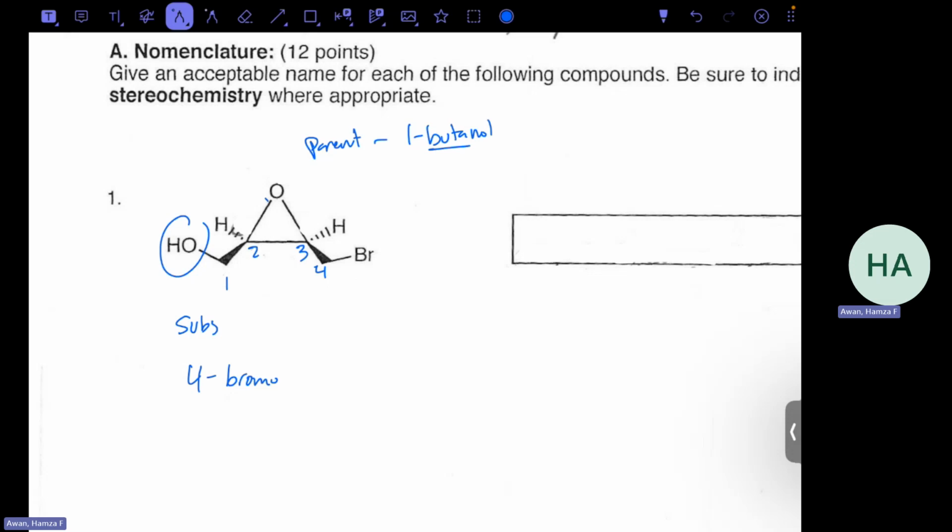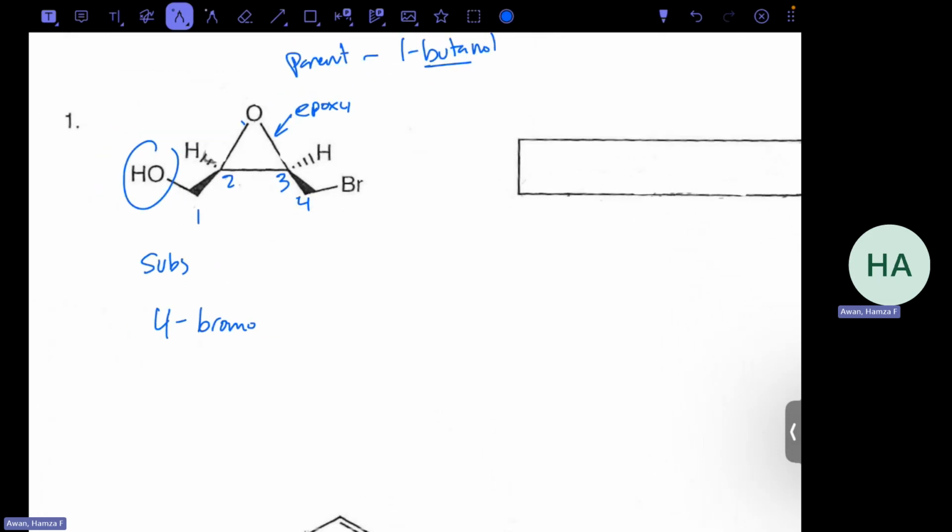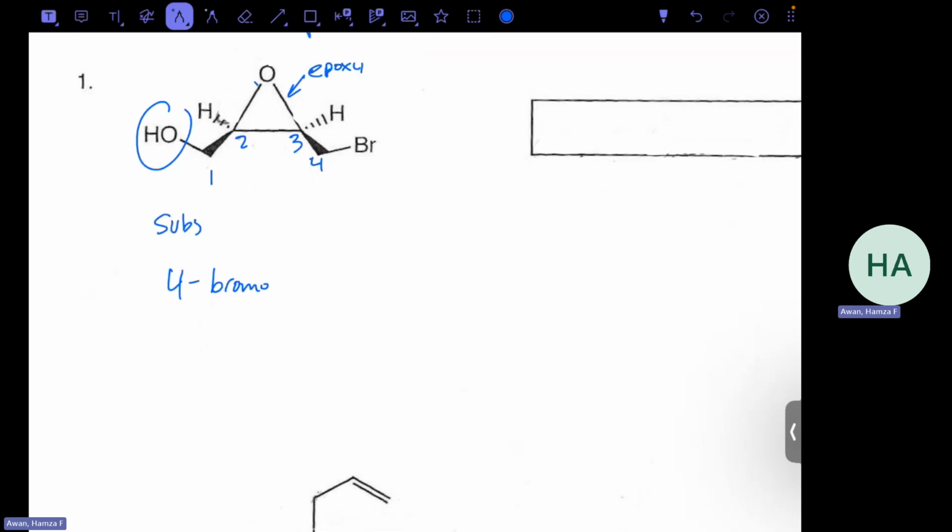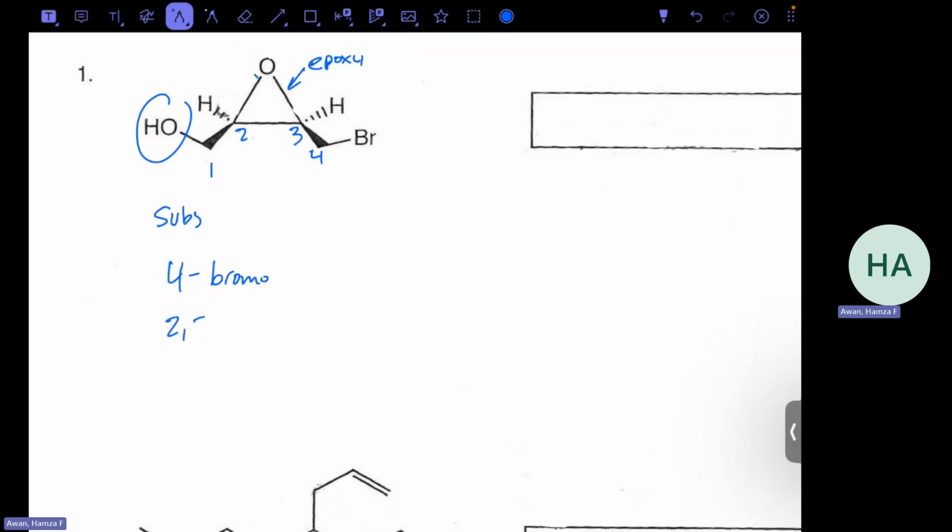So it would be 2, 3. This substituent is called epoxy, right? So this substituent will be called a 2,3-epoxy. This is just indicating that on carbons 2 and 3, these carbons right here, there's going to be an epoxide group that is attached to both of them, right? So that's all it is.